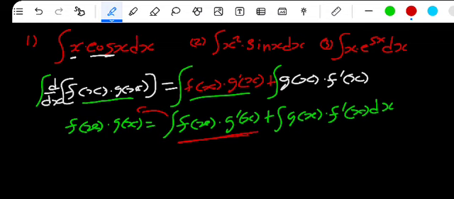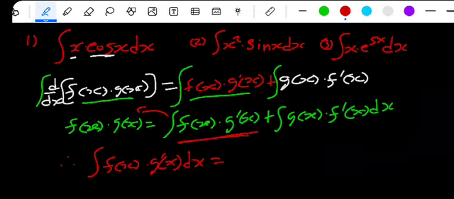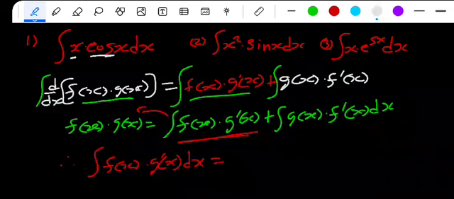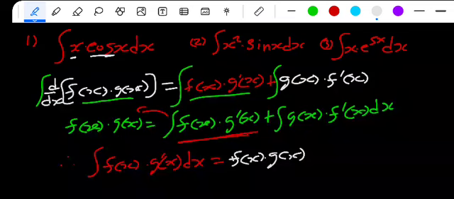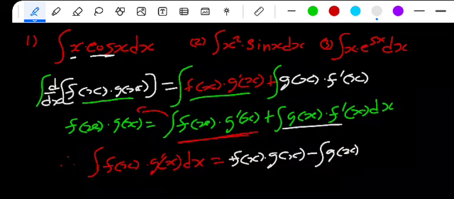If we rearrange, we'll be left with the integral of f of x multiplied by g prime of x dx, which equals f of x multiplied by g of x, minus the integral of g of x multiplied by f prime of x dx.